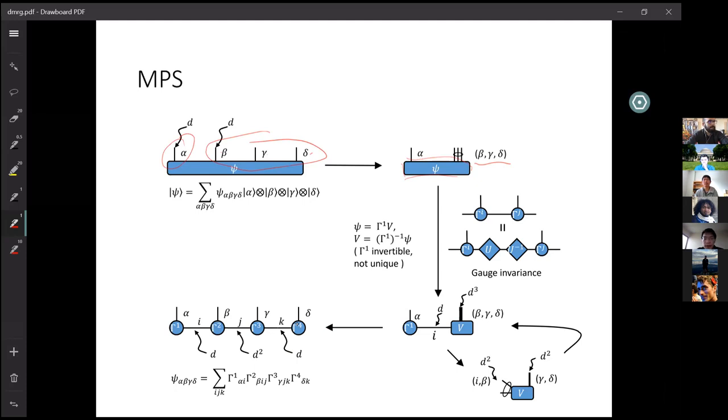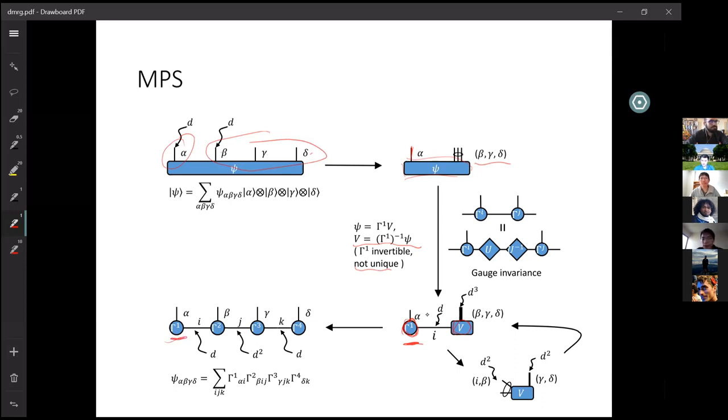You can place any random invertible tensor connecting to the alpha bond, and you leave behind something called the V. Using this equation, you can find the V. So the gamma 1 is randomly chosen, it is not a unique option. By doing this, you already single out one tensor on the left, just this part.